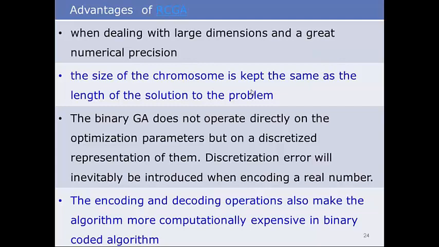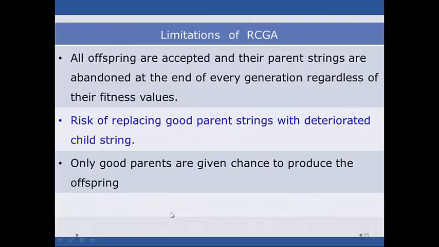The size of the chromosome is kept the same as the length of the solution to the problem. The binary code does not operate directly on the optimization parameters, but on a discretized representation of them. Discretization error will inevitably be introduced when encoding a real number. So these are some advantages and drawbacks of the real coded genetic algorithm.